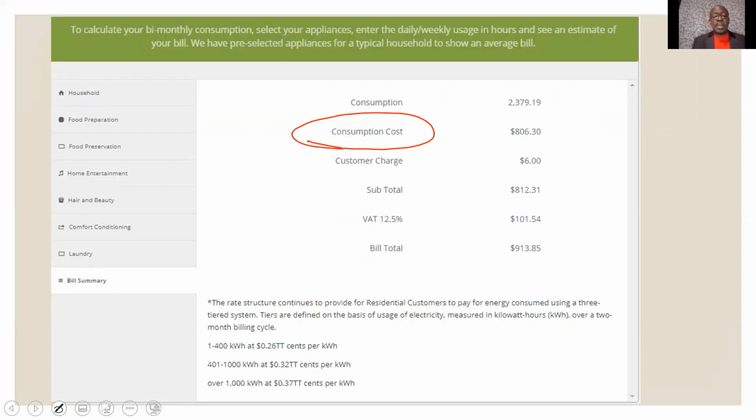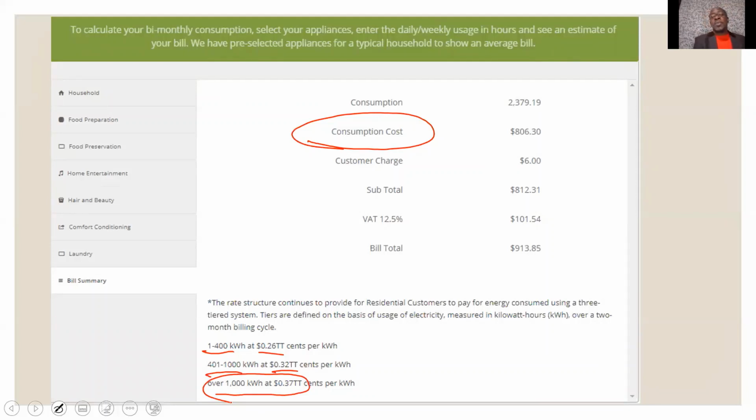The first band, 1 to 400 kilowatt hours, is charged at 26 cents TT. Between 401 to 1,000, in other words the next 600 kilowatt hours, is charged at 32 cents. And above 1,000, it is charged at 37 cents.